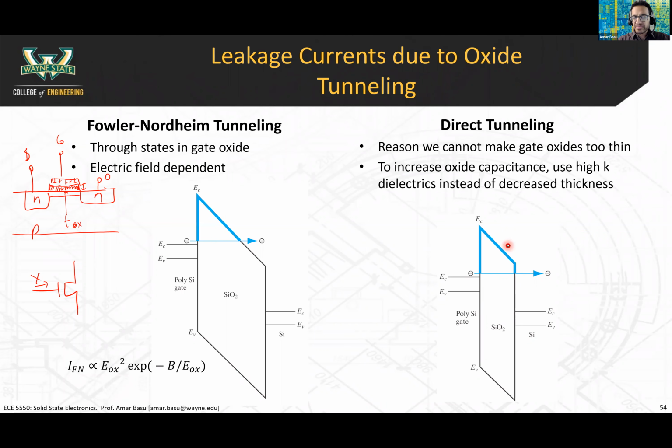That's bad news. It was one of the reasons we couldn't make the gate oxides too thin. So as a way around it, folks in the semiconductor industry used high-K dielectrics instead of decreasing the thickness of the oxide.